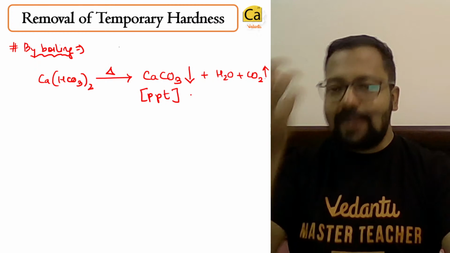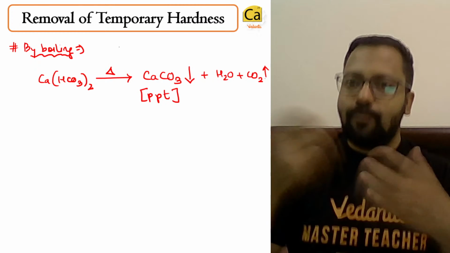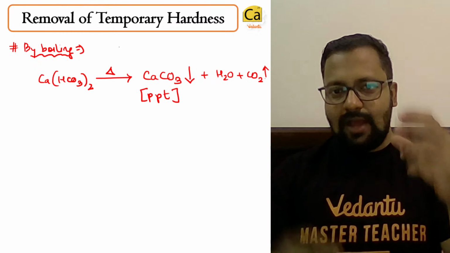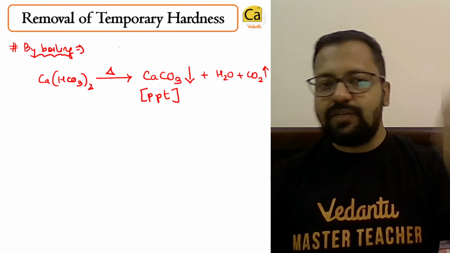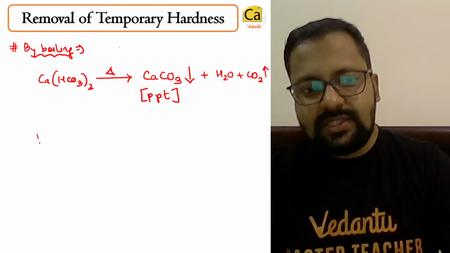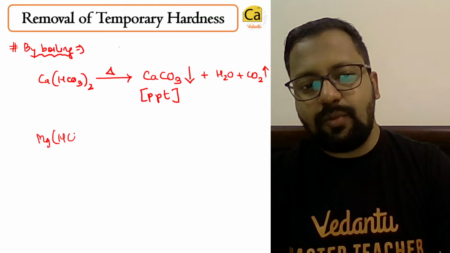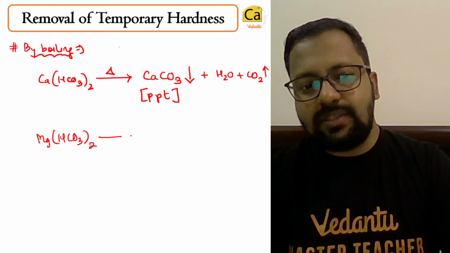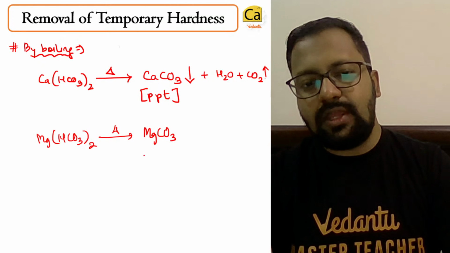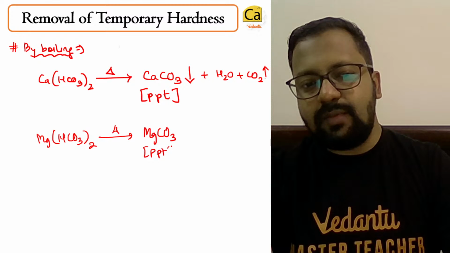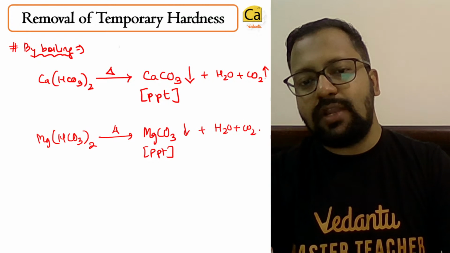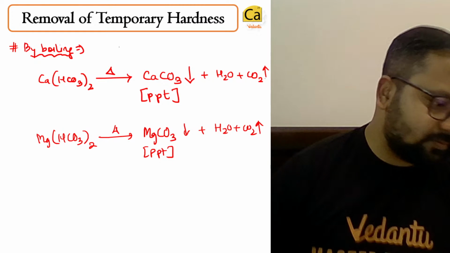So the hardness can be removed by boiling. Whatever hardness is there due to calcium bicarbonate will precipitate as calcium carbonate. Similarly, magnesium bicarbonate will get precipitated as MgCO3. PPT means precipitate. And the rest of the part is H2O, that will not cause any problem.